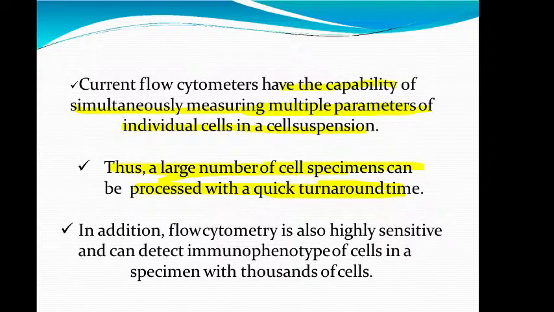And flow cytometry is highly sensitive and can detect immunophenotype of cells in a specimen with thousands of cells. Because the technique is highly efficient, we can detect the fluorescent signal, or immunophenotype, within a group of 1,000 cells.